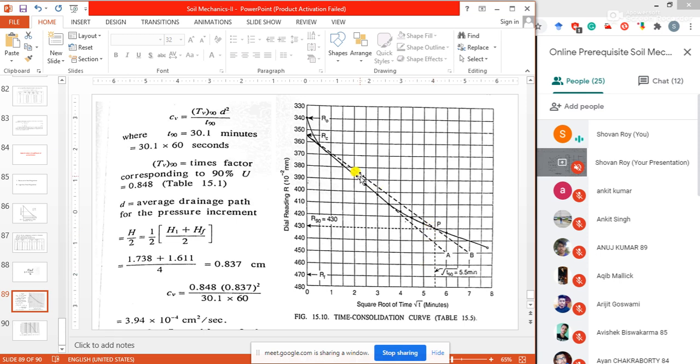Actually, the purpose of this B line is to find out your U90 value.